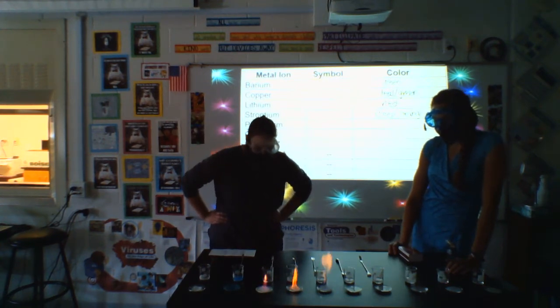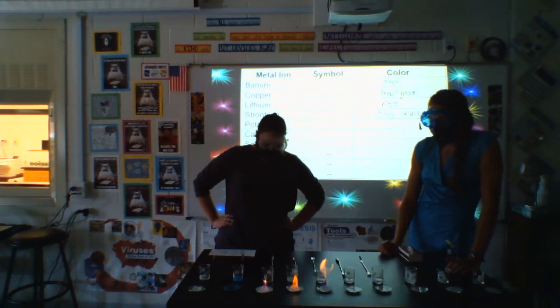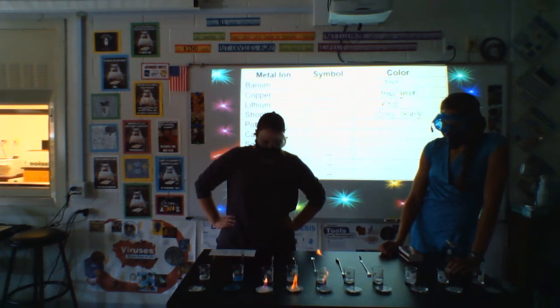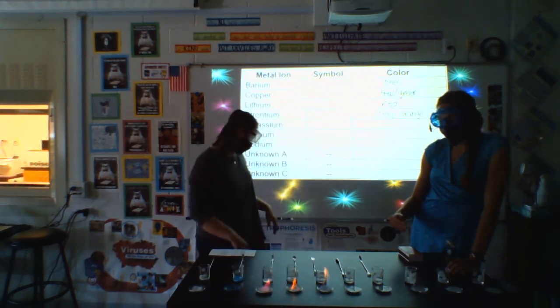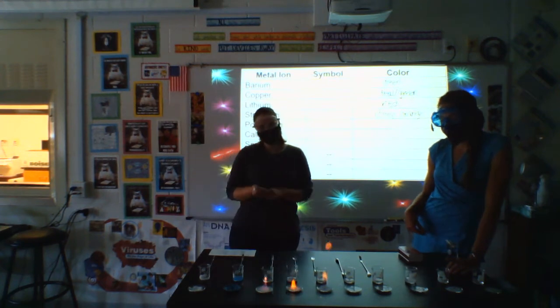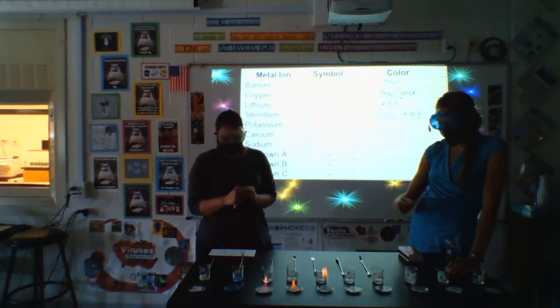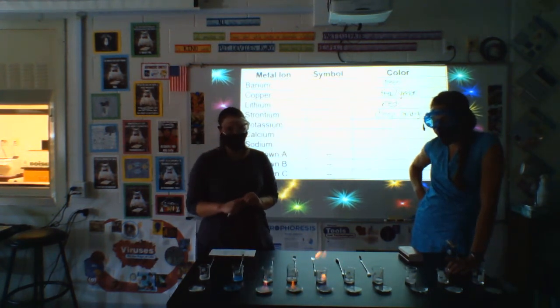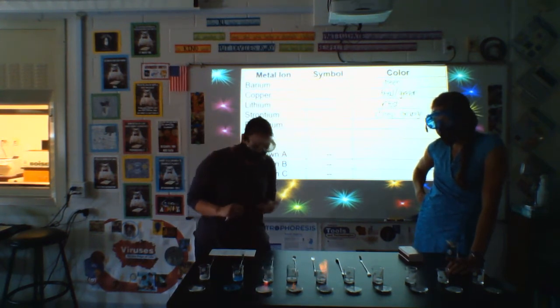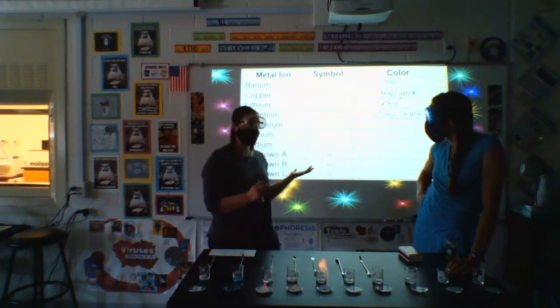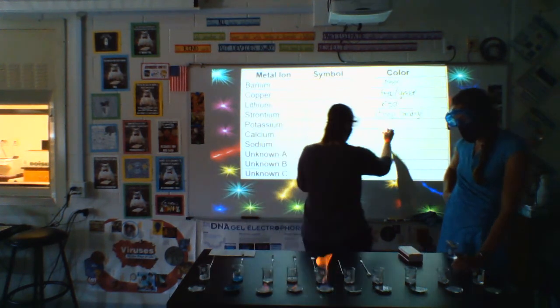It's very faint, but compared to the strontium, which is a really bright orange flame, you can see that it has a little bit of a lavender touch to it, a little bit of a pink. It's very, very faint. So if we were doing this in person in a non-pandemic year, we would be able to see that pinky purpley color a little bit more prominently, but it's very, very faint. Good. Yeah, and I can see the purple. So I'm going to go ahead and add purple to our data table.